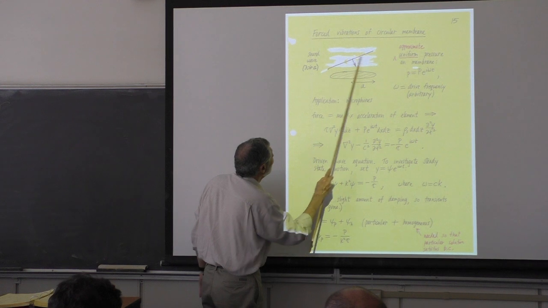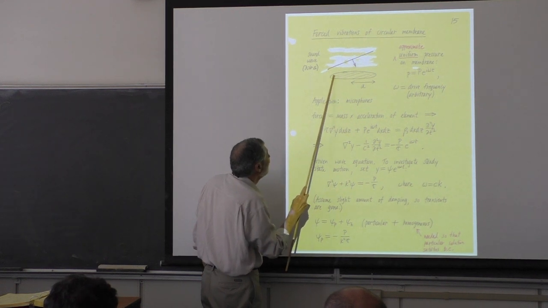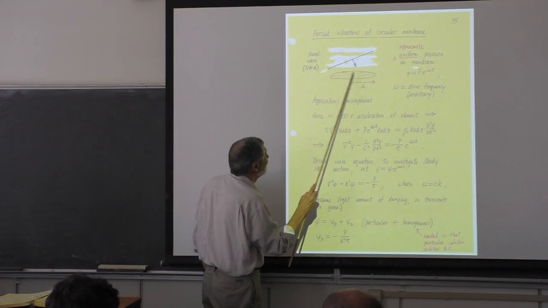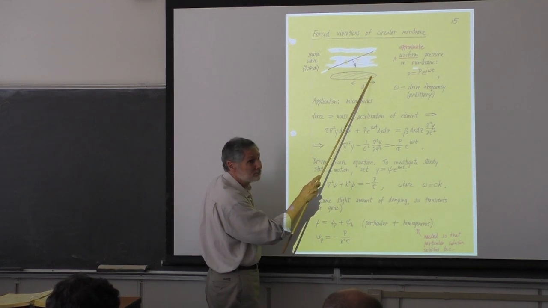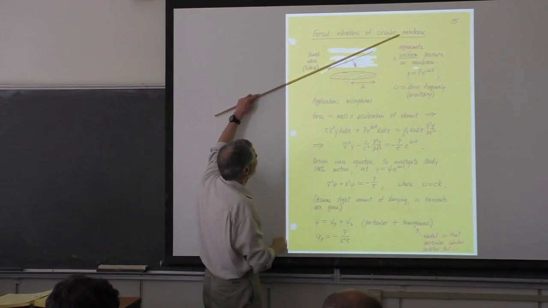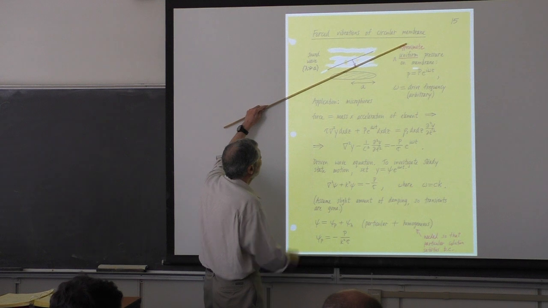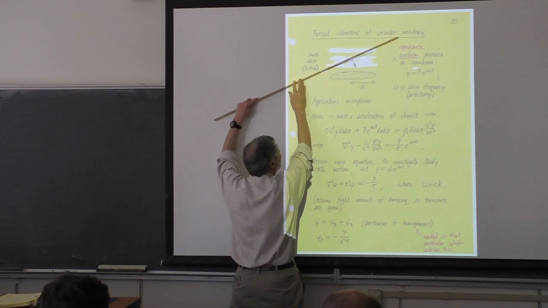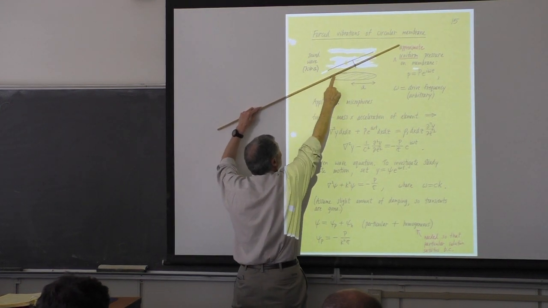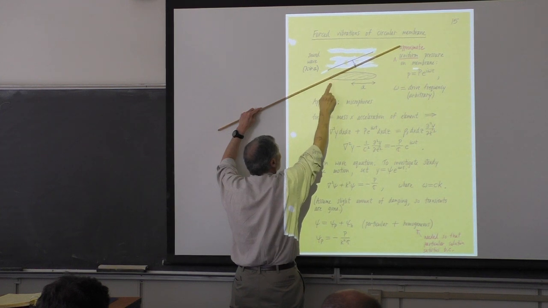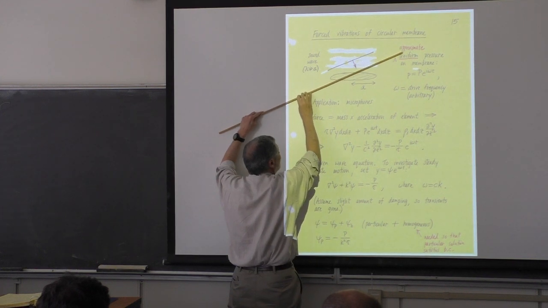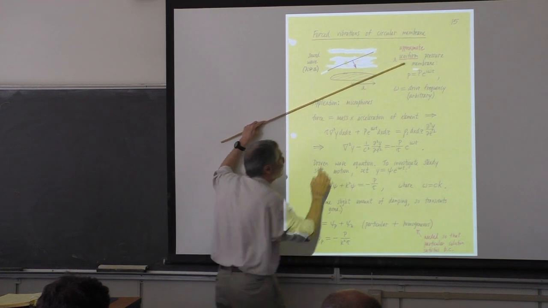You can see when this wavefront passes over here, the pressure is not going to be the same here as it is here, right? You can see that, right? Because let's say this is a max. Right now, this is being hit with the maximum pressure. Assume this is a crest. Right now, this part of the microphone, this part of the membrane is being hit with a high pressure. It takes some time later to hit over there.